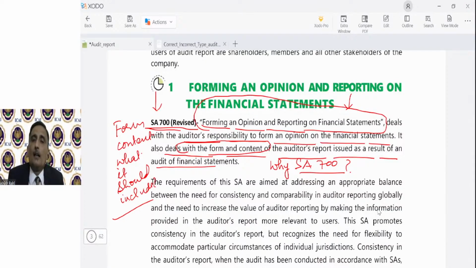So by following the requirements of this SA, auditors issue reports which are comparable, and it provides some sort of uniformity in the matter of issuing reports in the whole of the auditing profession.